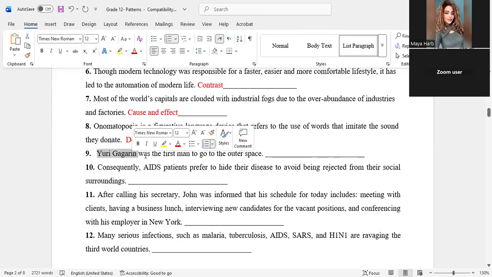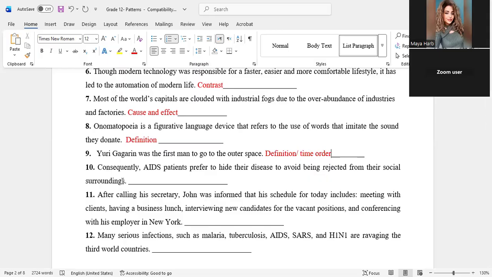We don't know. When we read the sentence, we know. So what's this? You can say it's a definition. And you can also say it's time order because they said he was the first man. Exactly.